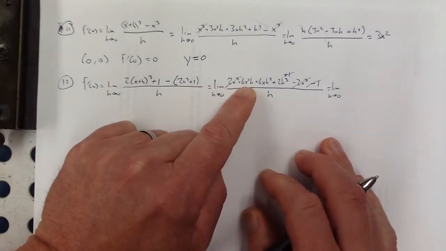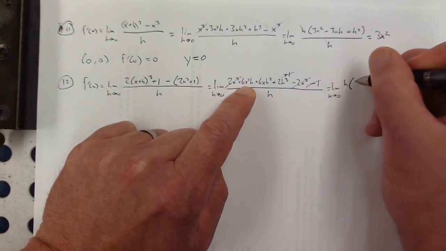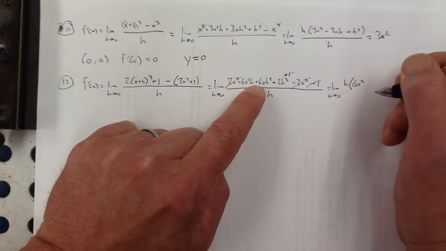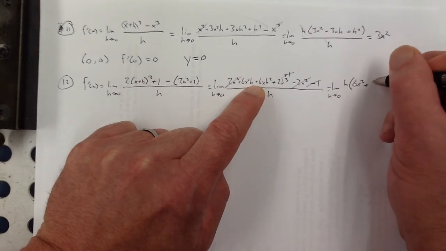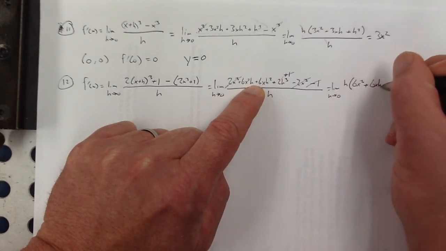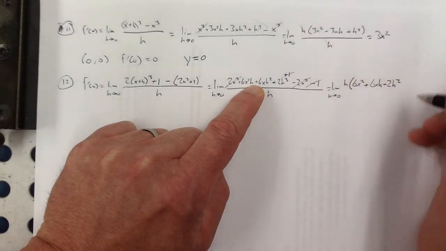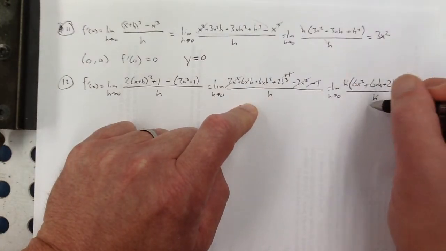So what do we got here? I'm going to factor out an h. That's not too much to ask. 6x squared plus 6xh plus 2h squared, all that stuff's gone, over h.